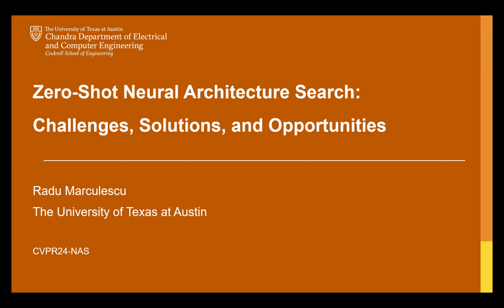So just to start a little bit from the title, luckily we had this introduction. Neural architecture search is essentially about solving an optimization problem where we have a search space, typically a very large search space.